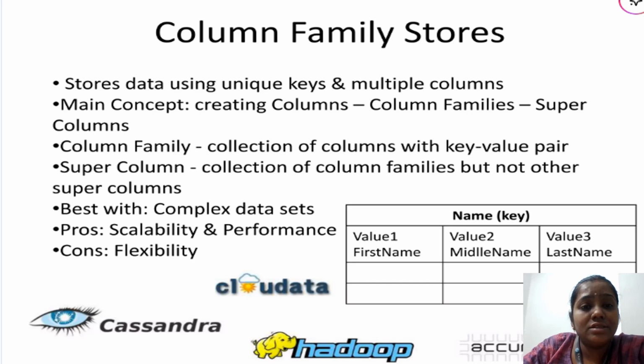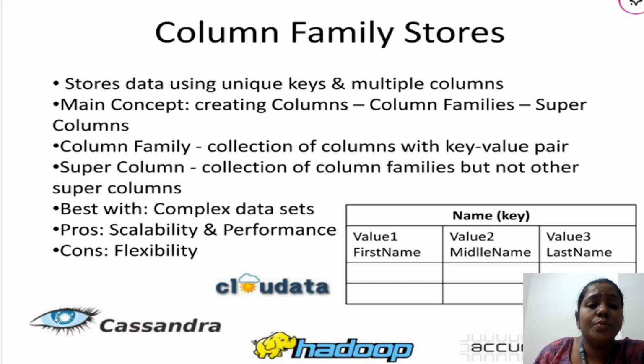The main concept of column family stores is creating the columns in such a way that the column families are the super columns, and these column families are nothing but a collection of columns which have key value pairs. So the identification of column family stores mainly depends upon the types of key values present inside these column values.